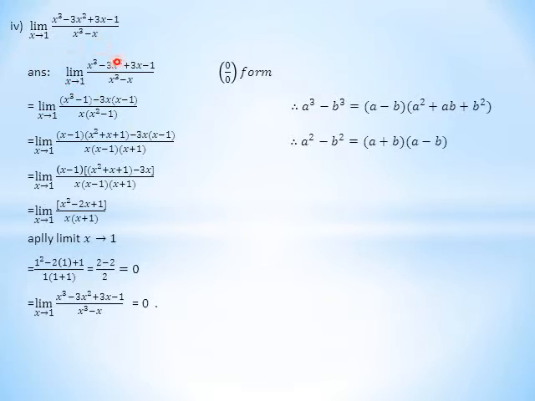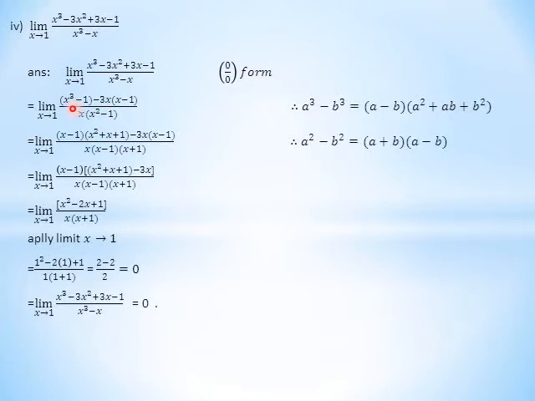Now in this question, again if you put x tends to 1, the form will be 0 upon 0. So how can I do it? I arrange x cube with minus 1, and I take minus 3x common, so x minus 1 is here. In the denominator I take x common, so x square minus 1.